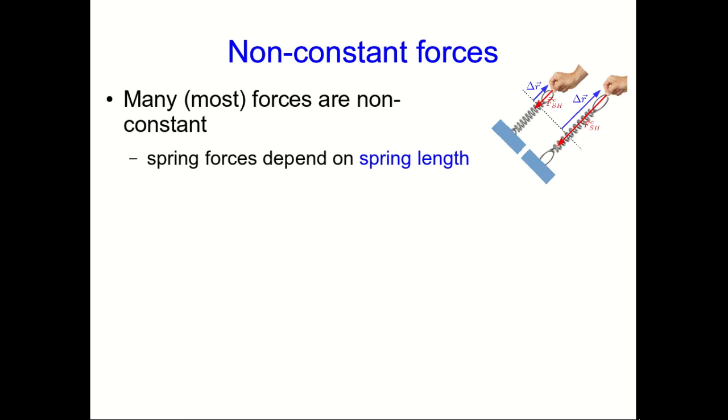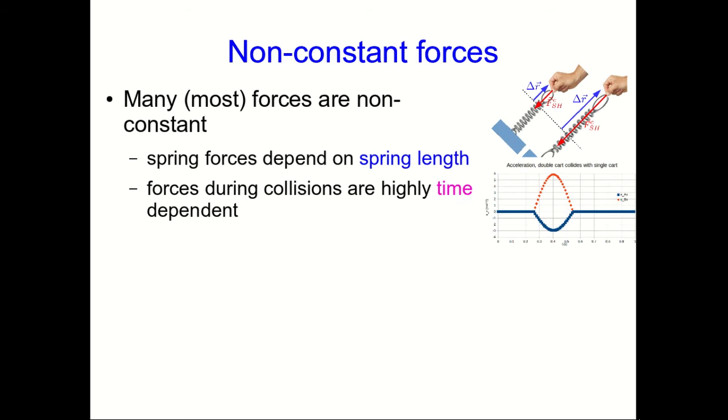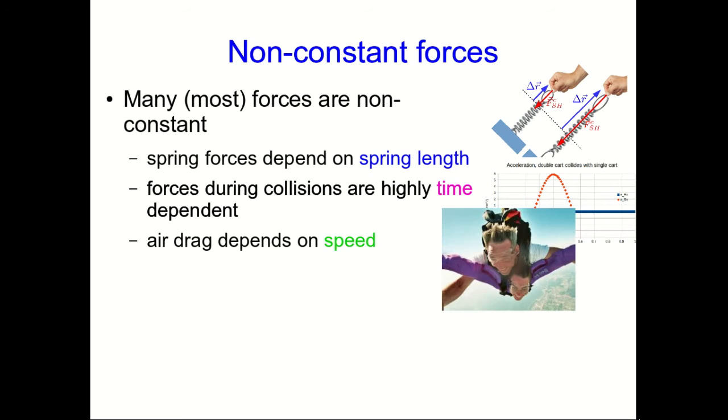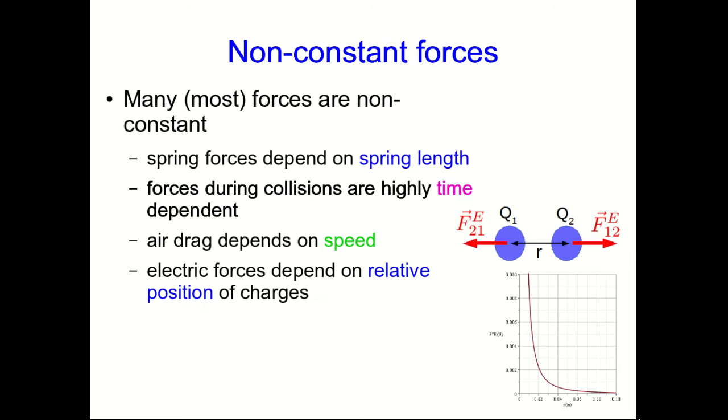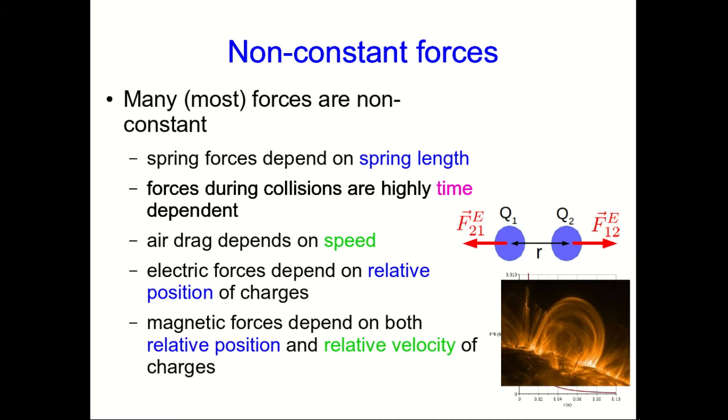We've seen that spring forces depend on spring length. We know that the accelerations during collisions are very time-dependent, and so they must be caused by very time-dependent forces. Air drag depends on speed. Electric forces depend on the relative positions of charges, and magnetic forces are very complicated, depending on both position and velocity.